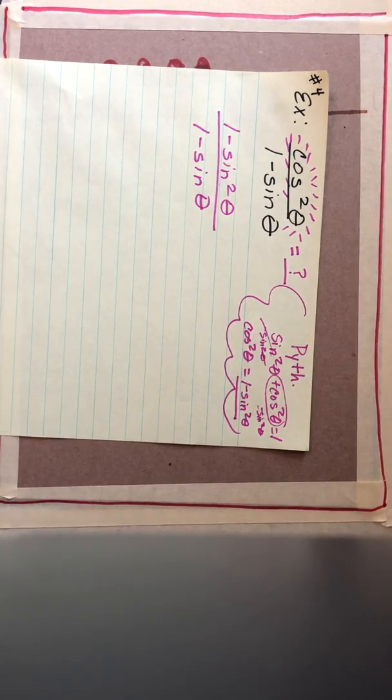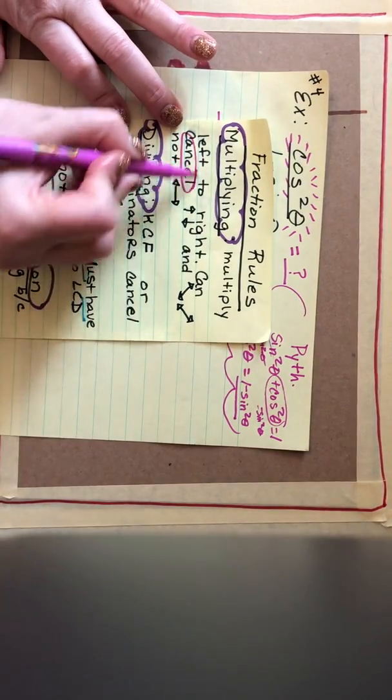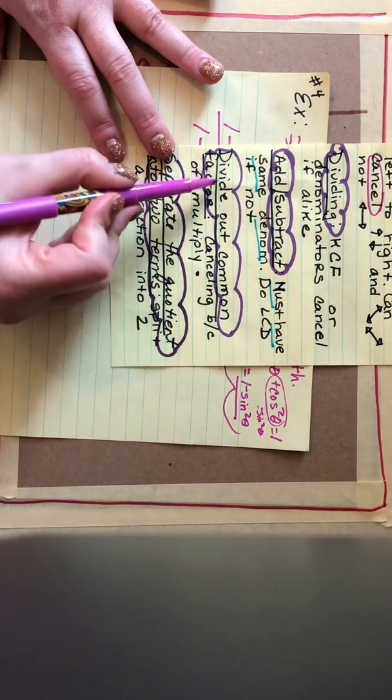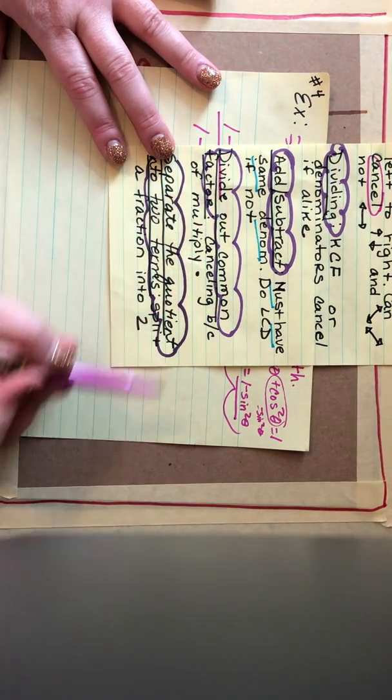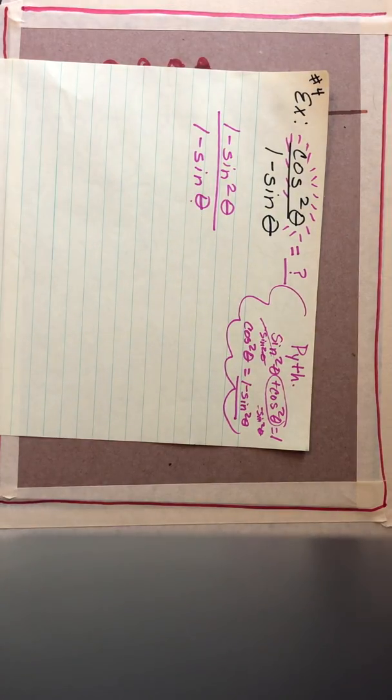Remember, fraction rules say the only time you can divide out a common factor is when you're multiplying. So I cannot cancel those. But maybe we can do some algebra.